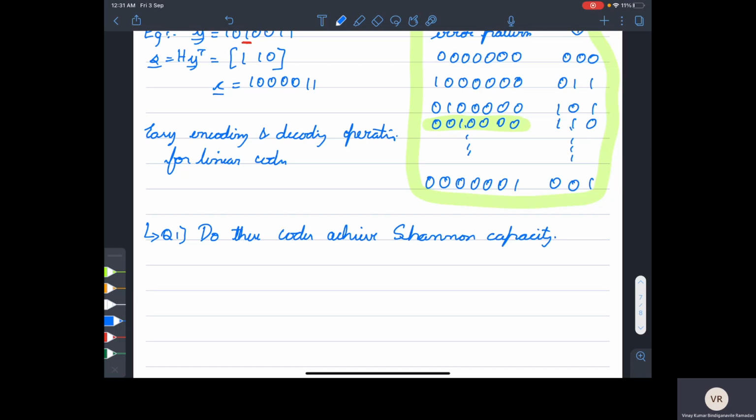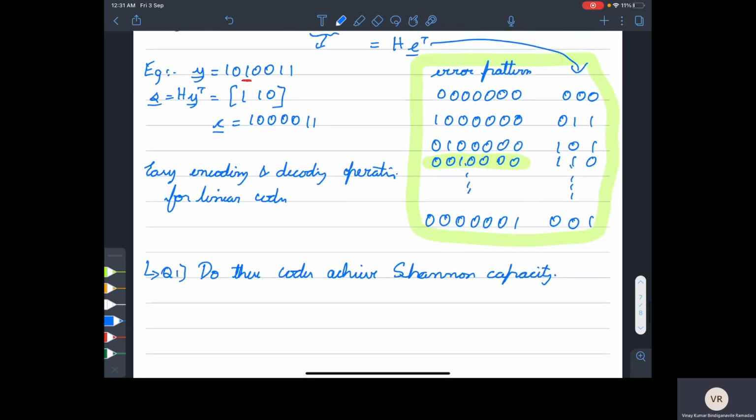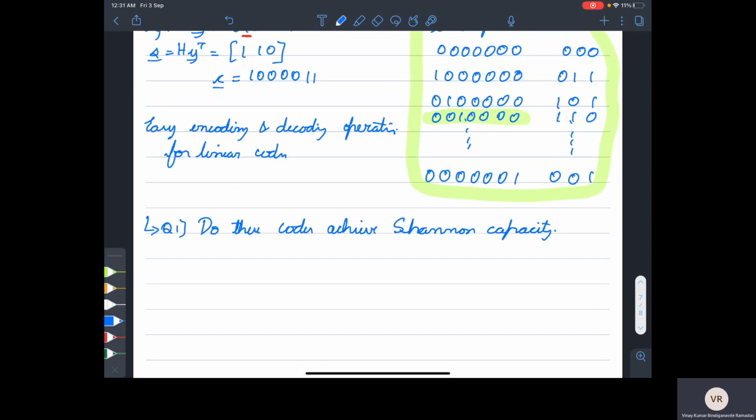So one way is that a similar random coding argument can be used in this particular scenario as well. You have the generator matrix and you choose entries of the generator matrix to be either 0 or 1 with equal probability.